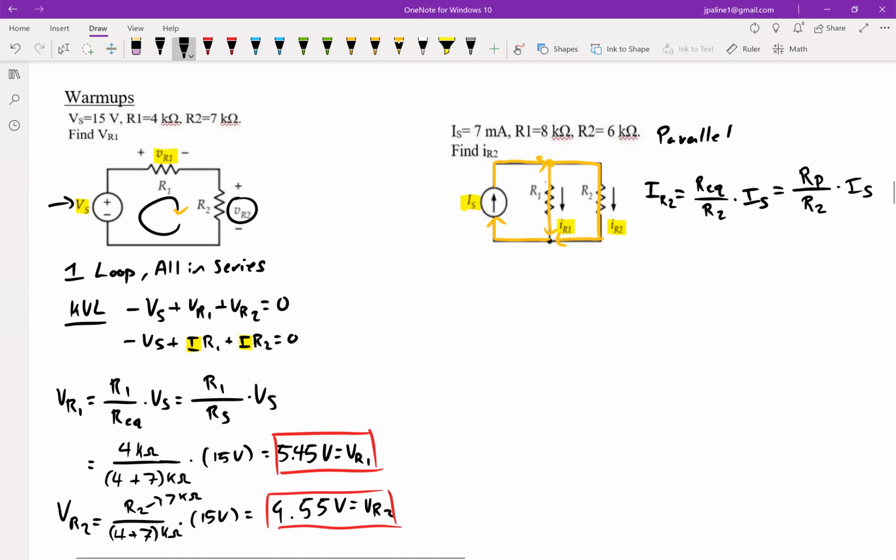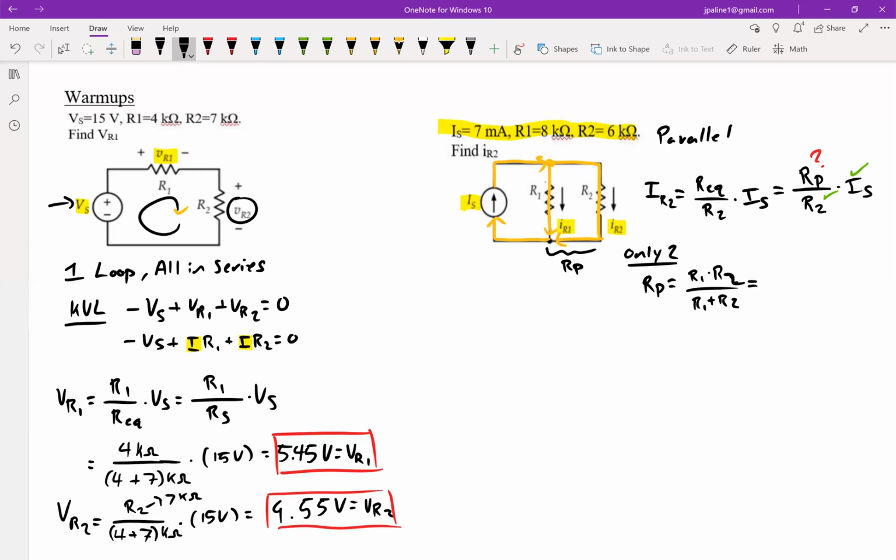And if we look at our knowns here, we know I of S, we know all of our resistor values. So we know that, we know that. We just don't know our parallel yet, but we can find it by saying these two combined is going to be R parallel. And luckily, we only have two. So we can say R parallel is going to be R1 times R2 over R1 plus R2.